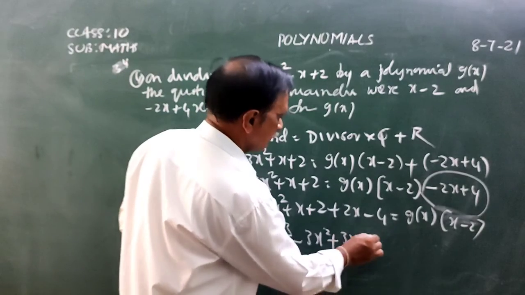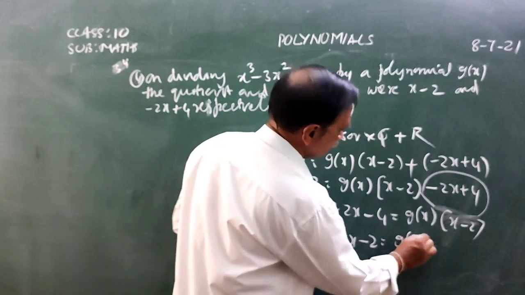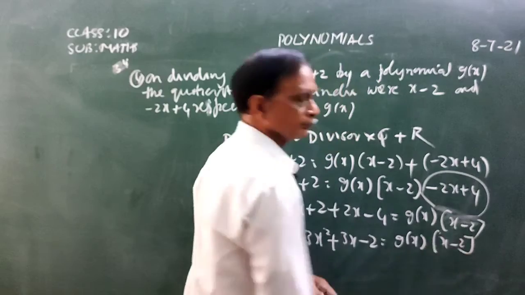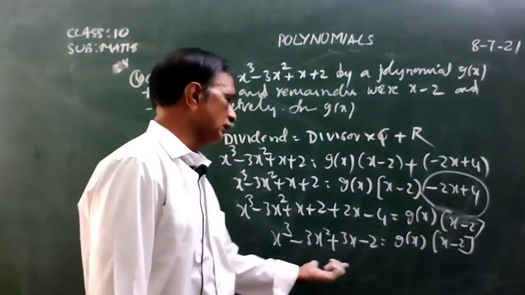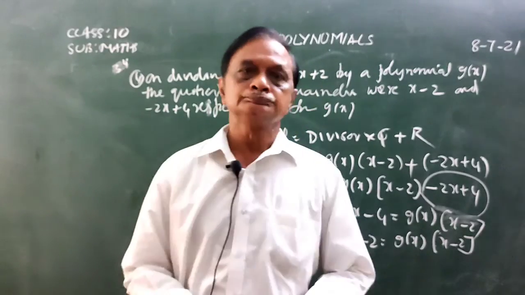Plus 3x, minus 2, equal to g(x) into (x − 2). How do we get g(x)? By dividing this polynomial by x − 2, you get g(x).